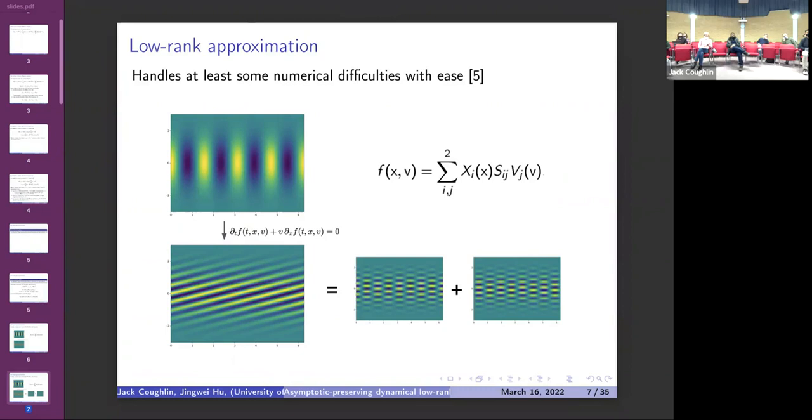That is, each is the product of a function that depends only on x and a function that depends only on v, and there's only two of them. So if we're trying to represent this function, we can do it in much less space than the full phase space tensor product matrix requires.